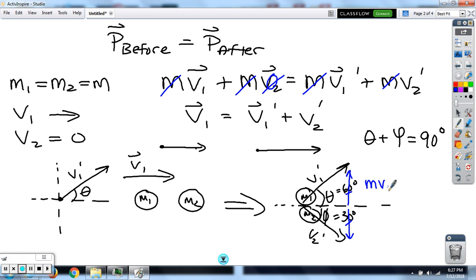So that is m v1 prime sine of 60. And this is m v2 prime sine of 30. If they're balanced, then these two have to be equal.